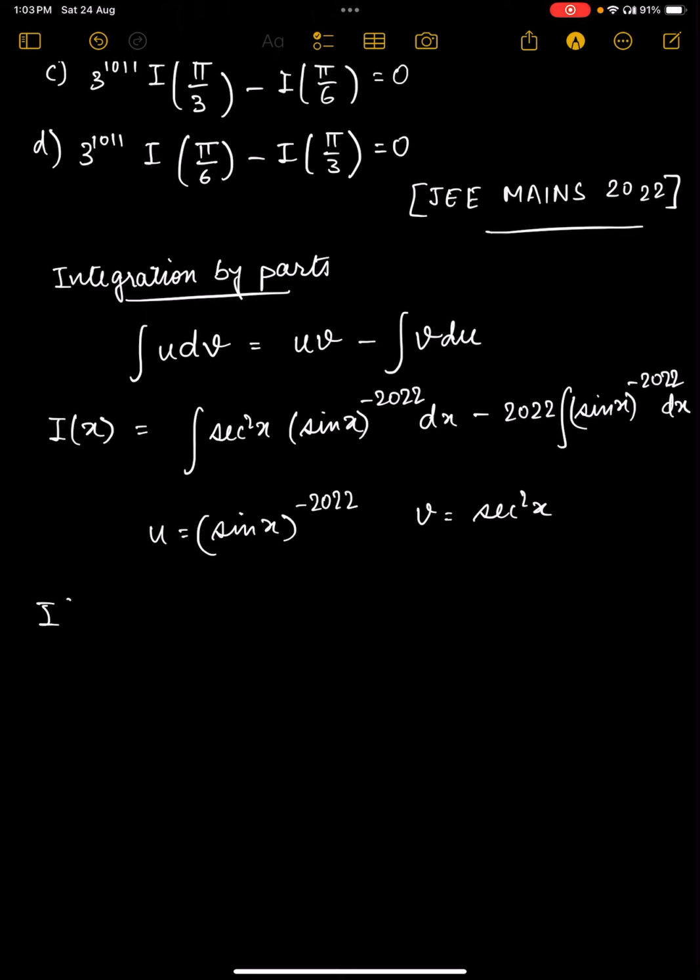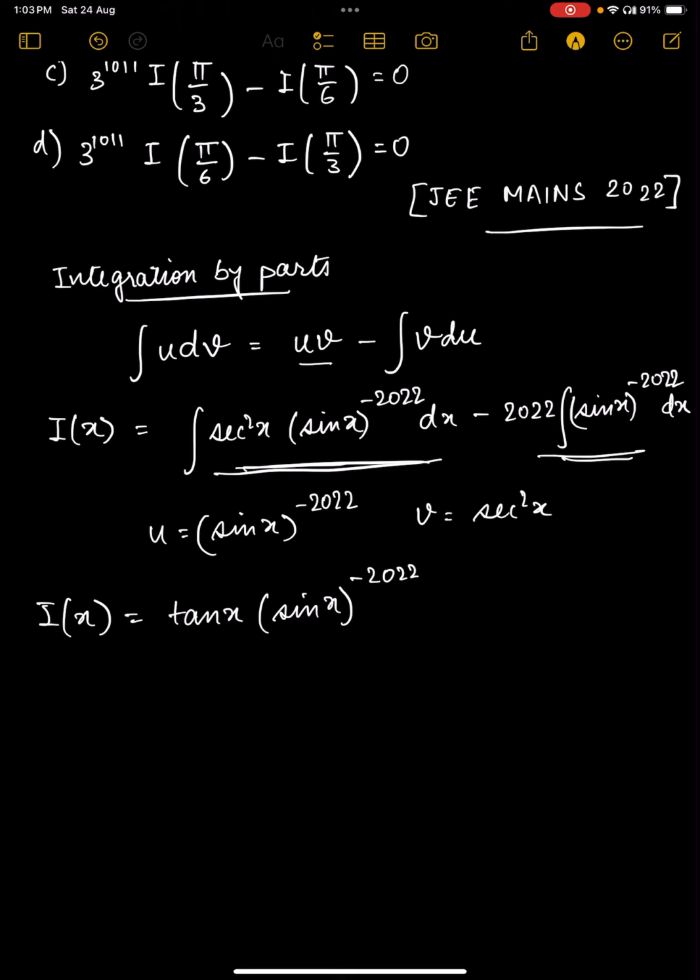Now, once we have decided this, this becomes a very easy integral to solve. We are applying integration by parts on the first term alone for now. We are not going to touch the second part of the integral in the first place. So when solving the first integral, we have tan x times sine x to the power minus 2022, so you see uv is done.